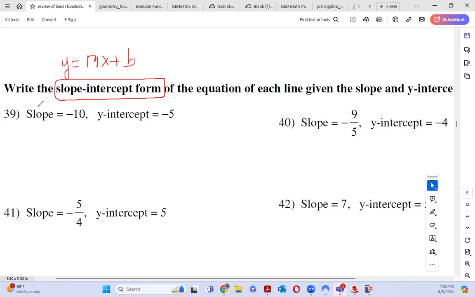So when I look at 39, what's my slope? Slope is -10. What's my y-intercept? -5. Negative what? 5. -5. So if I know my m is -10 and I know my b is -5, and I'm going to plug these into this slope intercept form, what's going to be my equation of line?